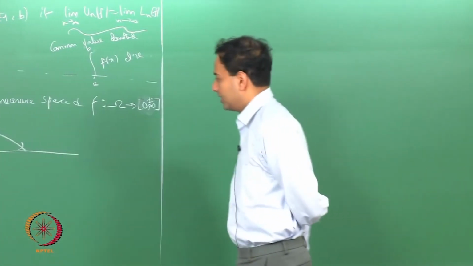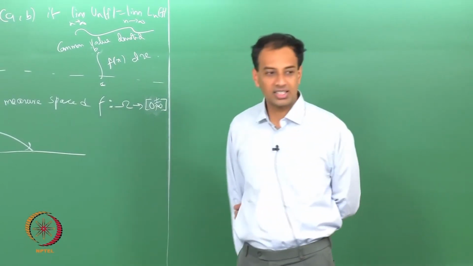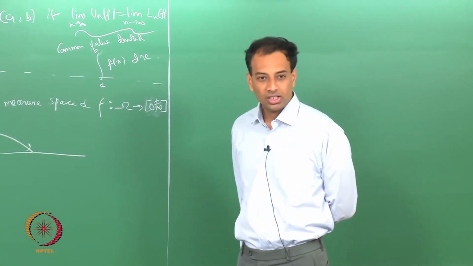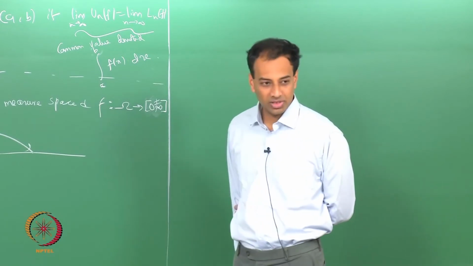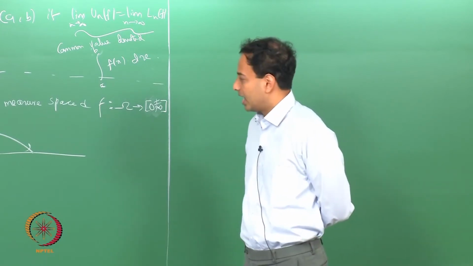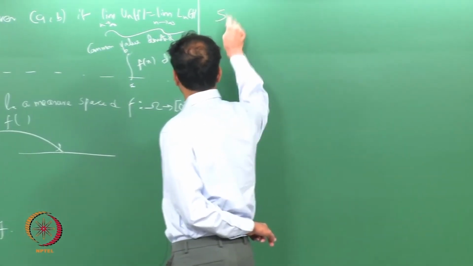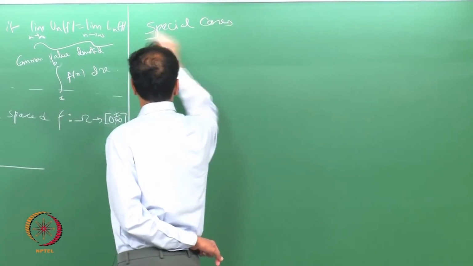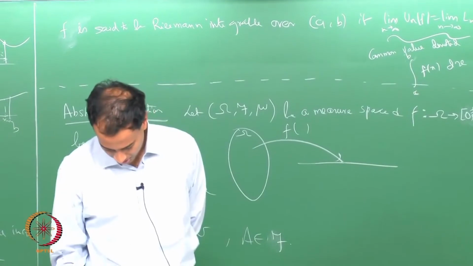Now, why are we bothered doing this? The reason is this naturally generalizes the concept of a Riemann integral to include more general measures as well. In particular, let me put down a couple of special cases, two special cases which are very important.